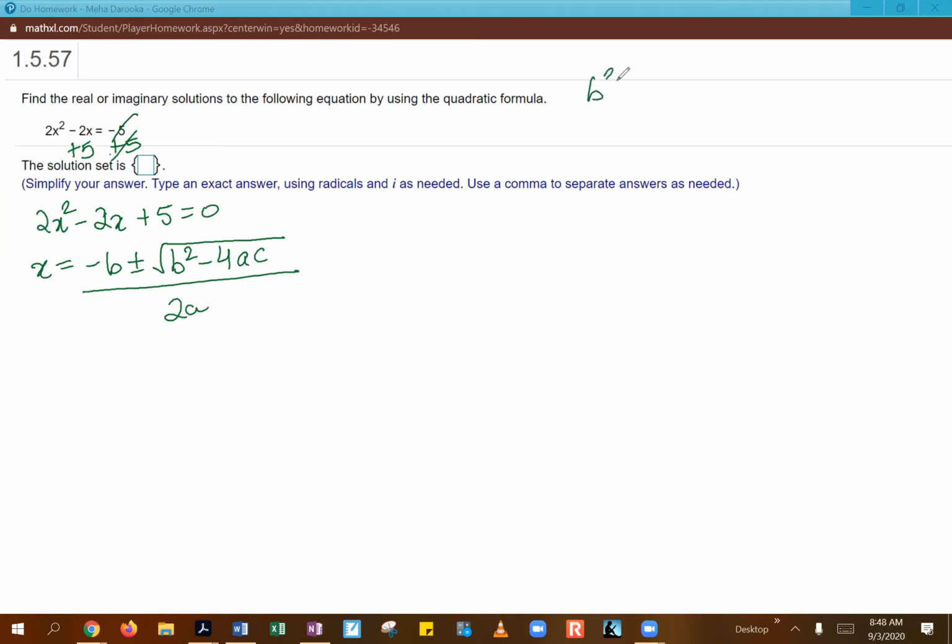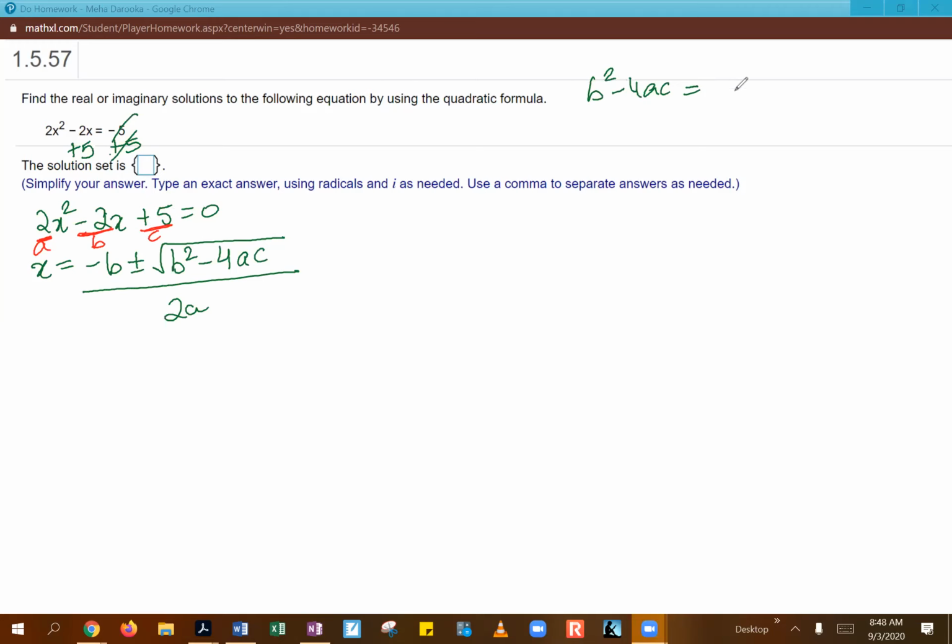So let's look at b squared minus 4ac. Of course we know the leading coefficient is going to be our a term, the middle coefficient is the b term, and the constant term is our c term. So that's where we're going to get our a, b, c values from.